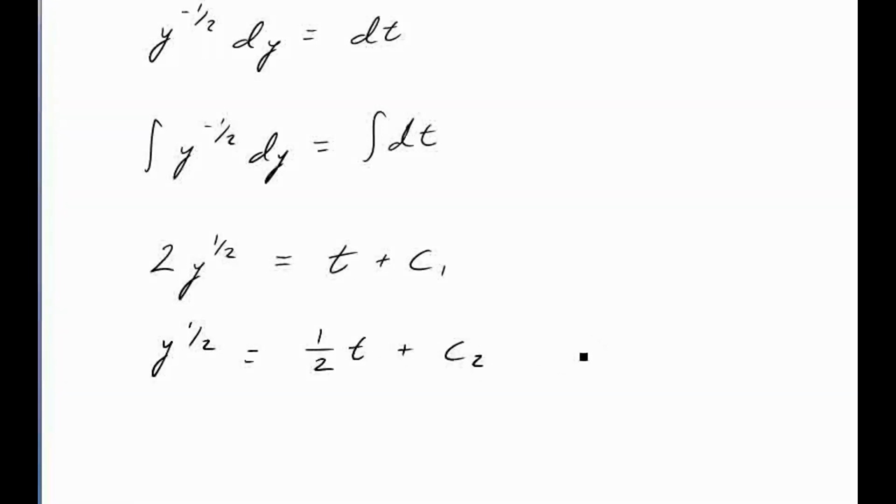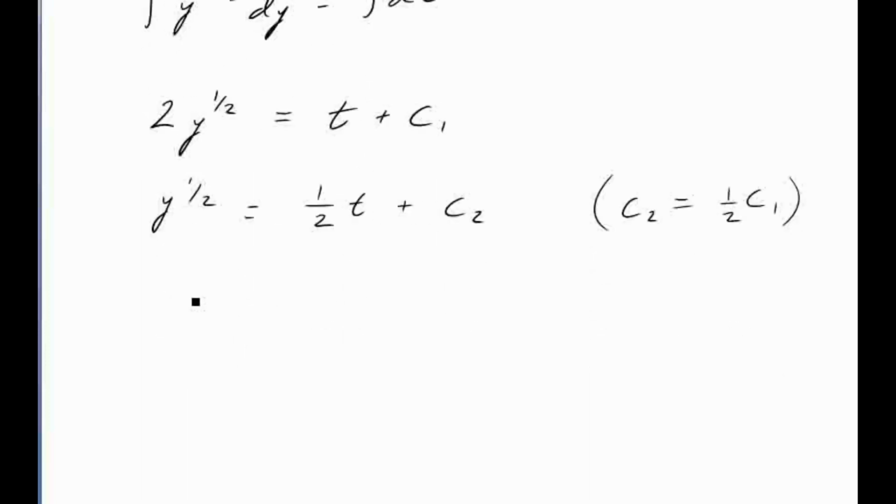So the next in our sequence of constants, where of course if we're being extra fastidious, we'll say that c2 equals 1/2 c1. But that's not a step that people usually are overly particular about. And then you just square both sides. And so then y would equal 1/2 t plus c2 squared.